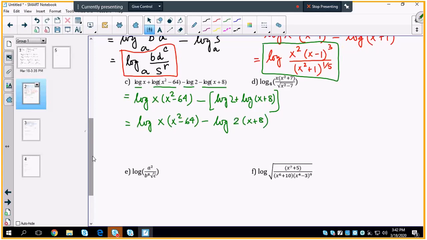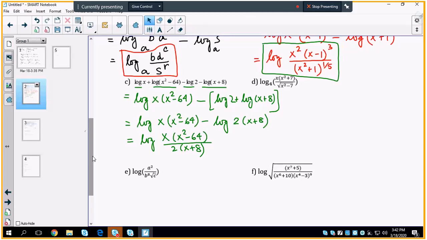Now I have a minus between two logs, so that will be the quotient rule. I will say log of x times (x squared minus 64) all over 2 times (x plus 8). And that should be the ultimate combination of the three logarithmic terms, giving me the final answer for this problem.